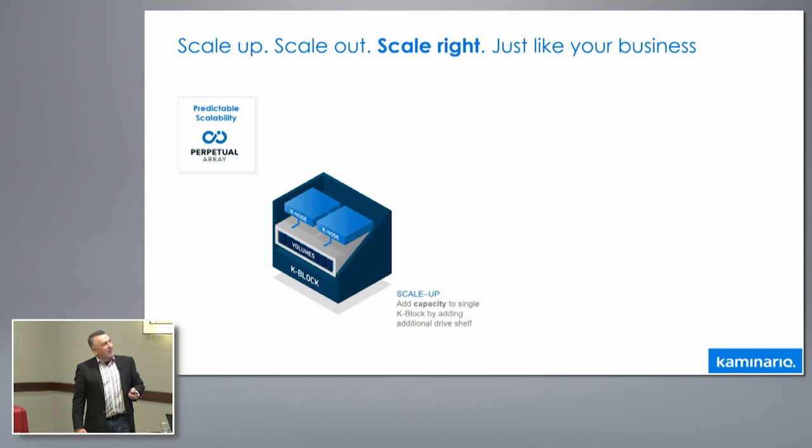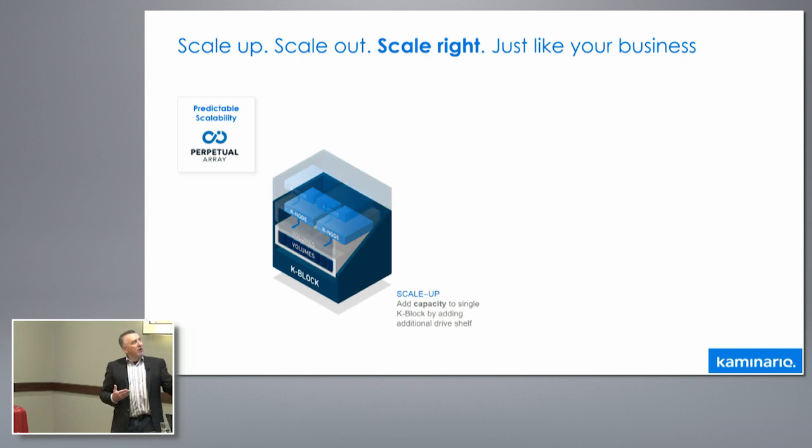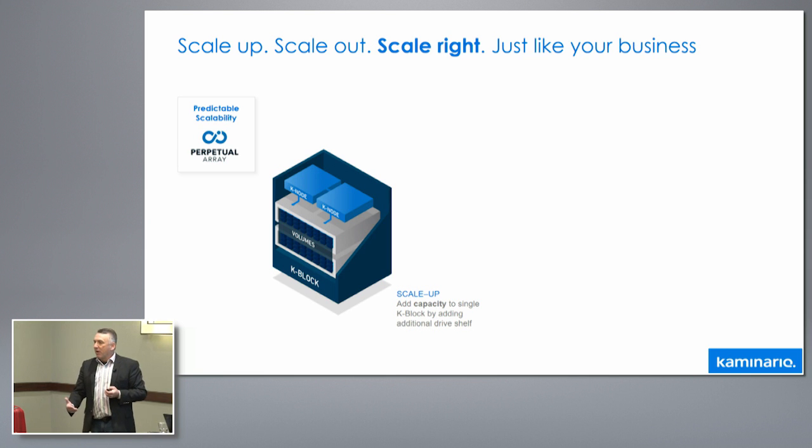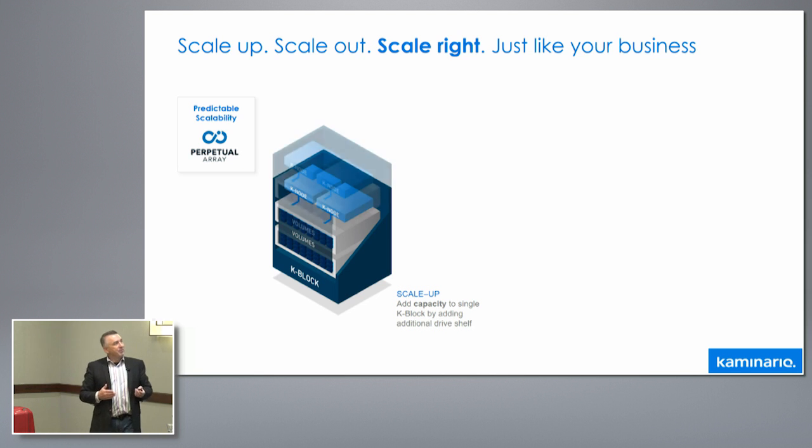But as you start to scale up, if I need to add more processing power, all I'm going to do is add another K block onto that configuration. What does it do? It doubles my IOPS, doubles my bandwidth, maintains a low latency. And when you're talking low latency, you're talking 400 or 500 microseconds up to 600 microseconds in that environment.